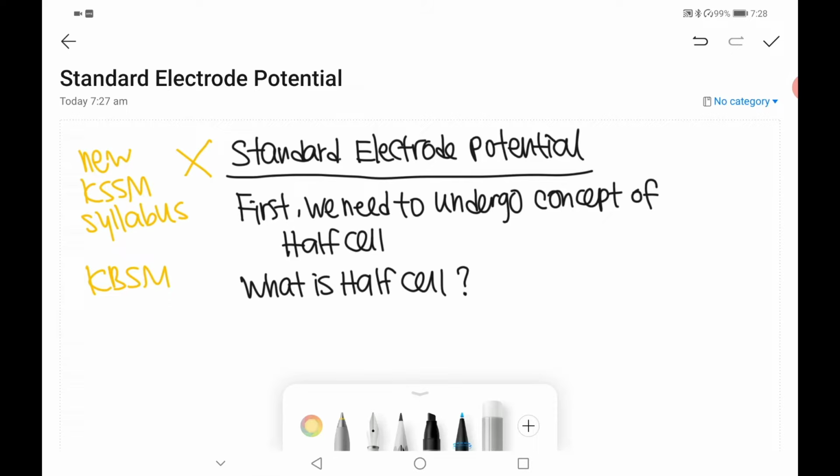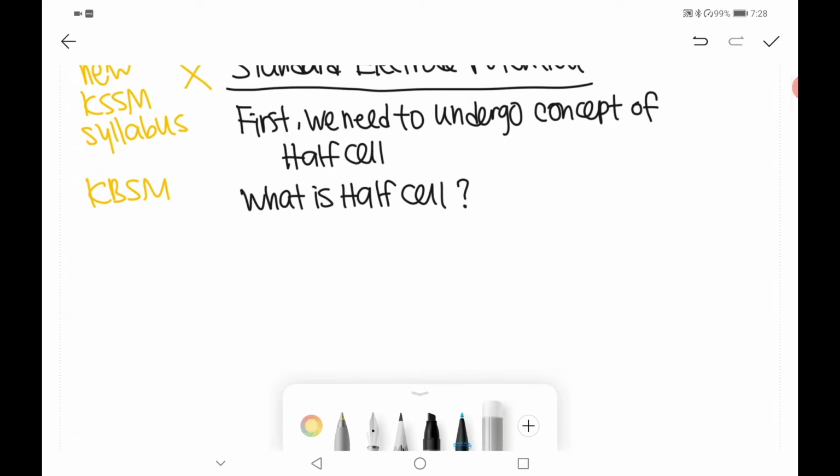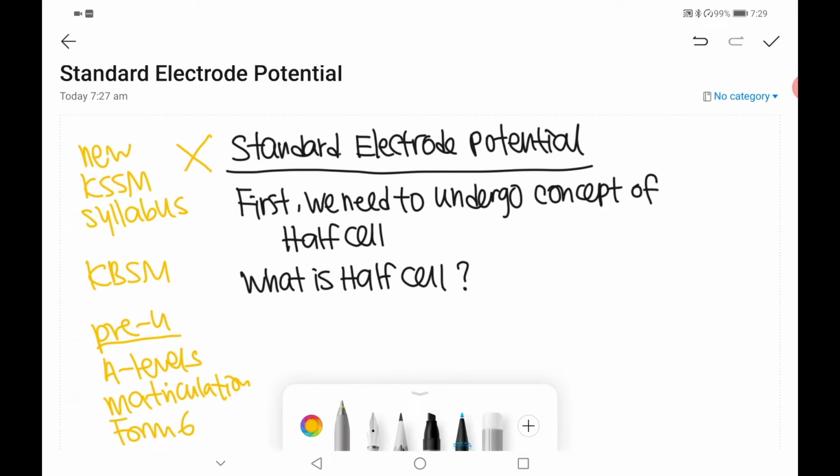Previously, you only learned it in your pre-U level, such as A levels, matriculation, and also Form 6. But now we have to learn it in your Form 5.